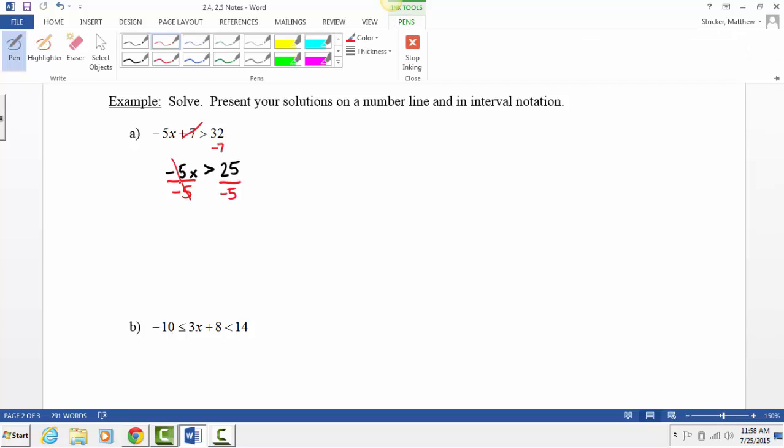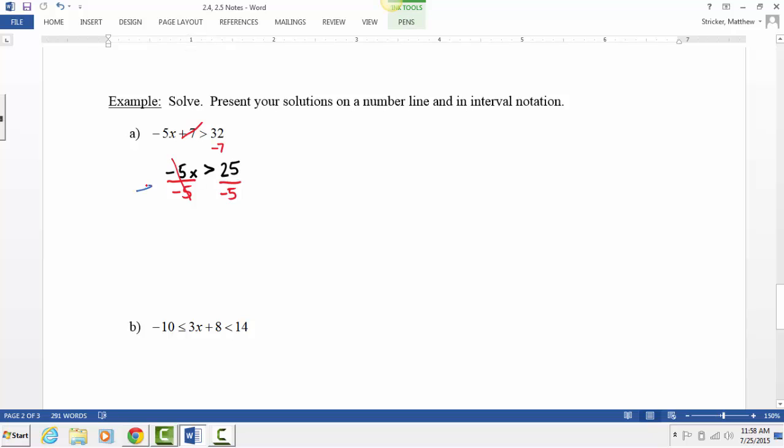But now here we go. Notice we divide by a negative. When that's the case, we have to switch this to a less than. We have to switch it from a greater than to a less than. So that becomes x is now less than negative 5.